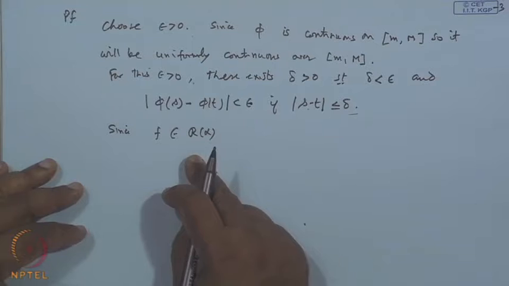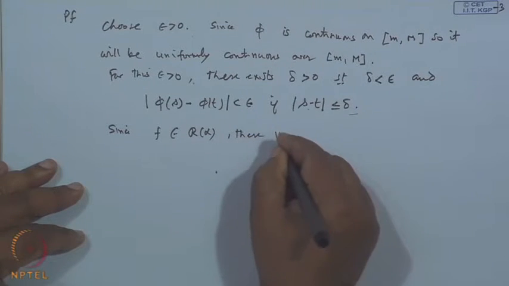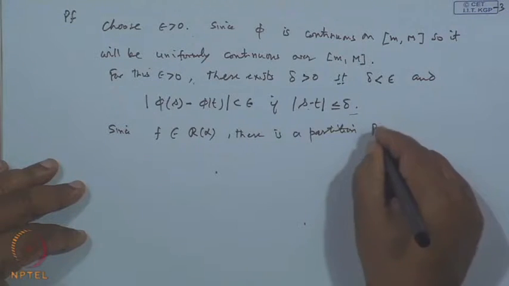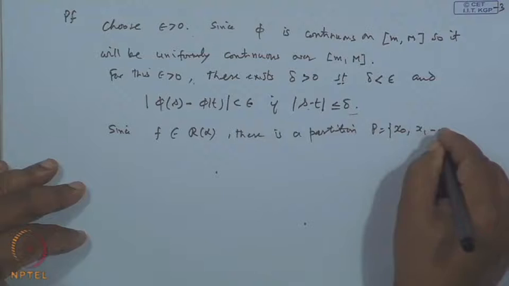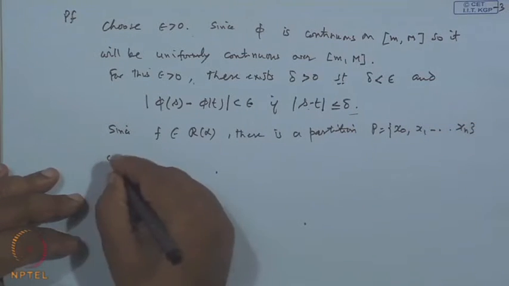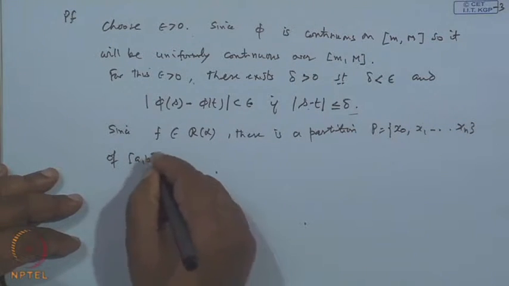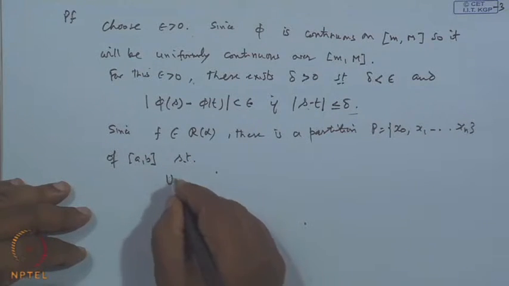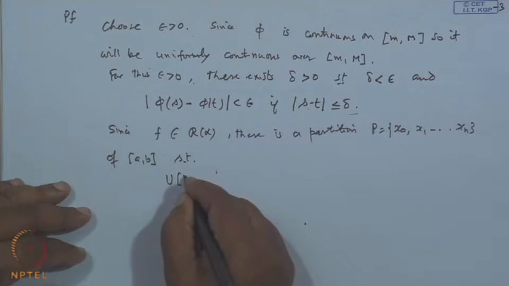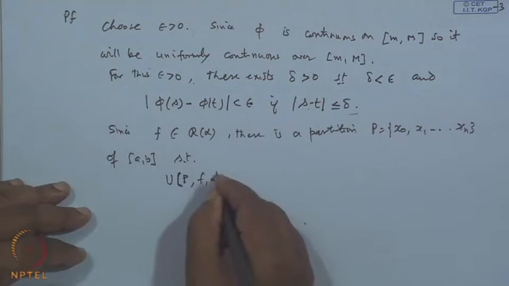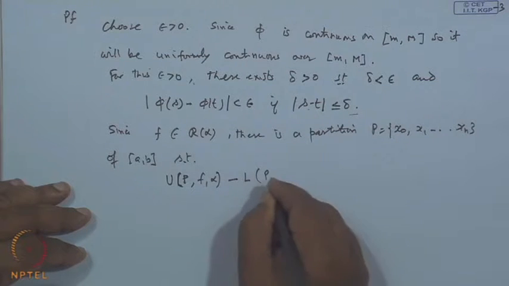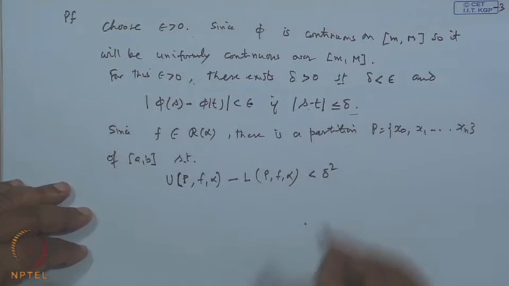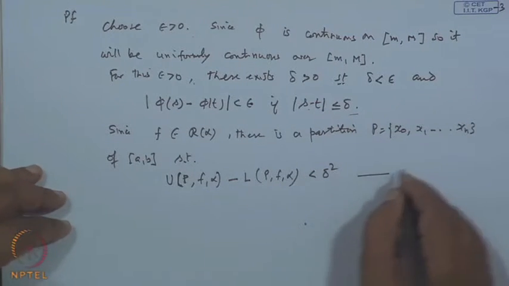So, let f belong to this, then there is a partition, say P = {x0, x1, x2, ..., xn} of [a, b], such that the upper sum of the function f with respect to alpha minus the lower sum of the function f with respect to alpha over the same partition is less than, say, delta squared. Clear? So, this we are getting. So, let it be equation 2.